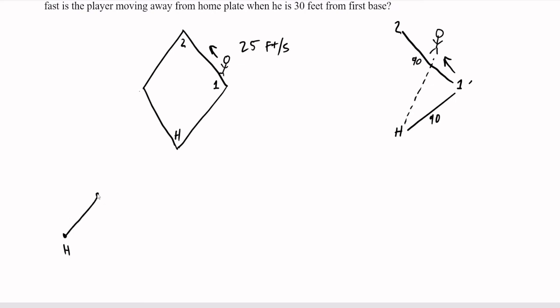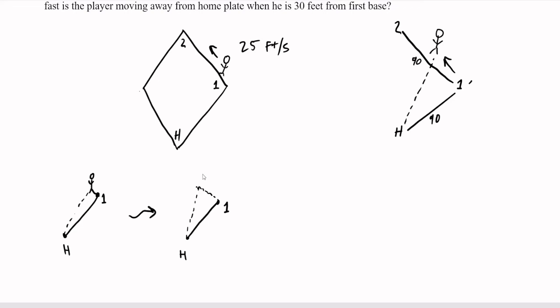All right, you draw over to first base, and when the person first starts, we've got this little triangle. Again, a triangle. Then sometime later, you've got home plate, first base, and they're a little bit further away.